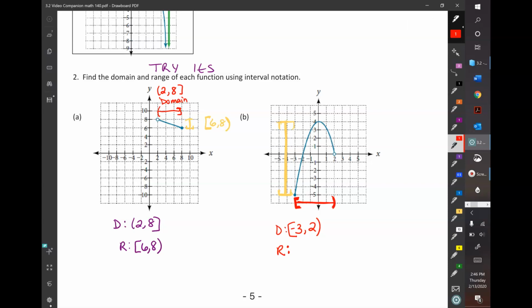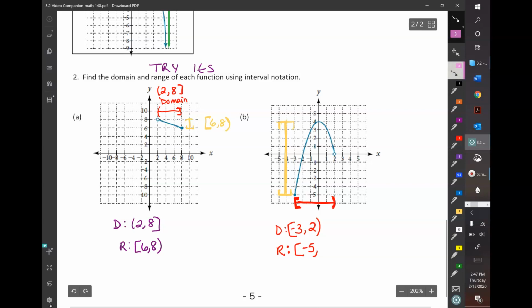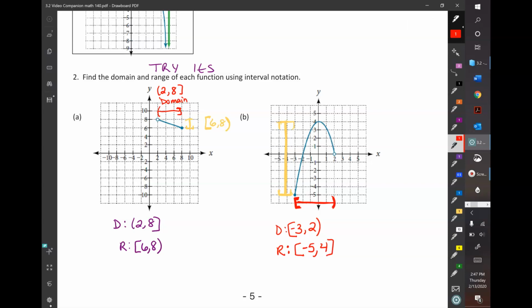It is going to have a closed bracket here, starting at the lower one at -5, comma, and then in the yellow here, I have it all the way up to the point 4. So it's like -4, but we just want to put the y value in there, and then a squared off bracket for that one.